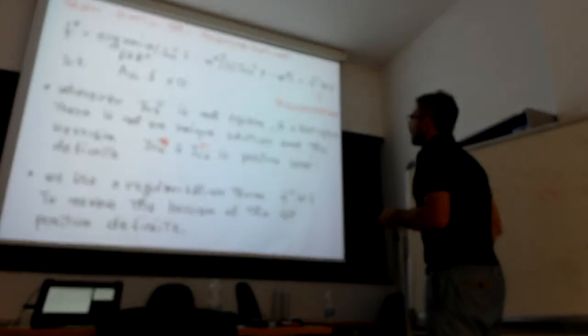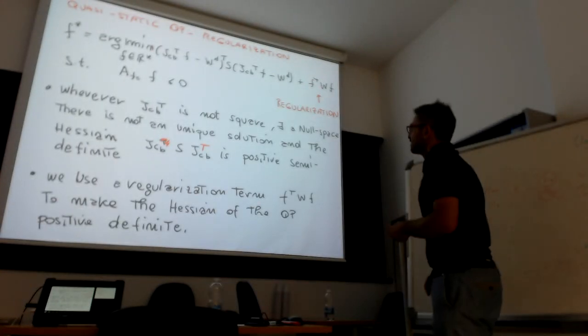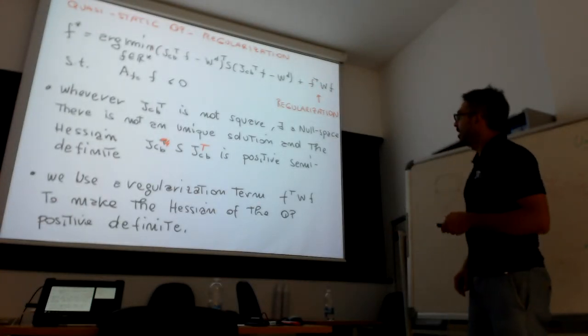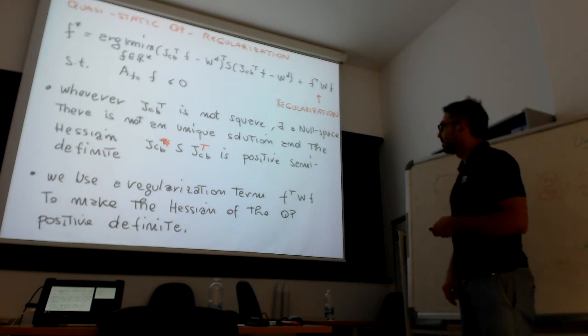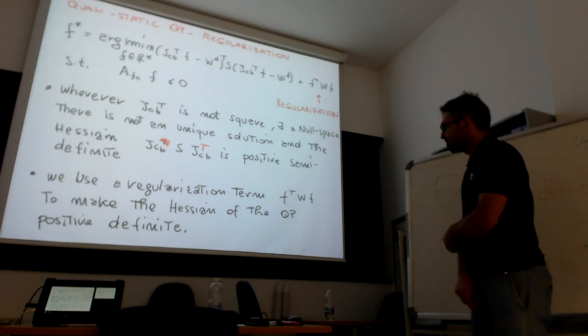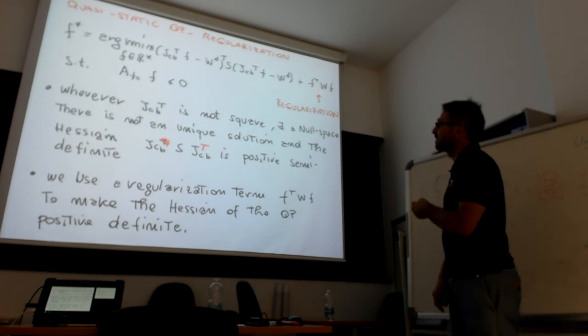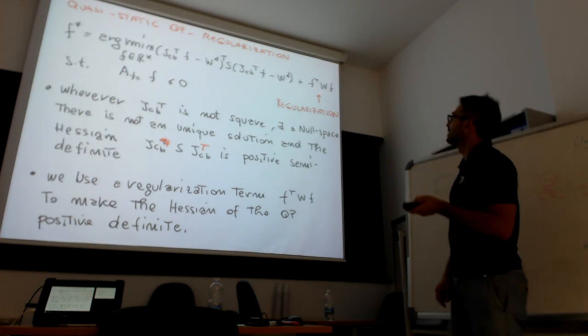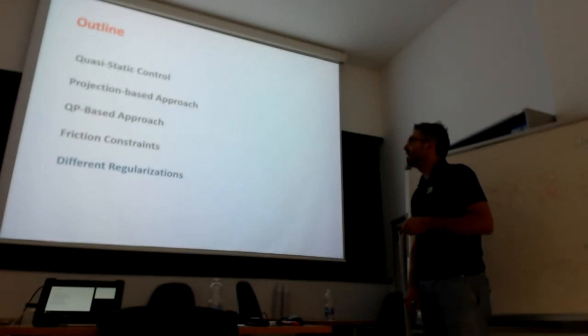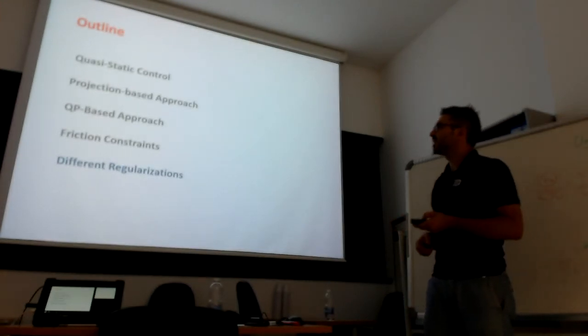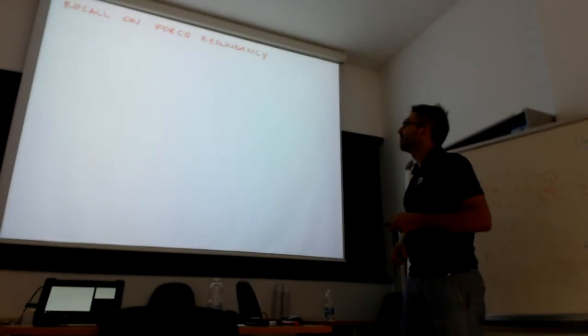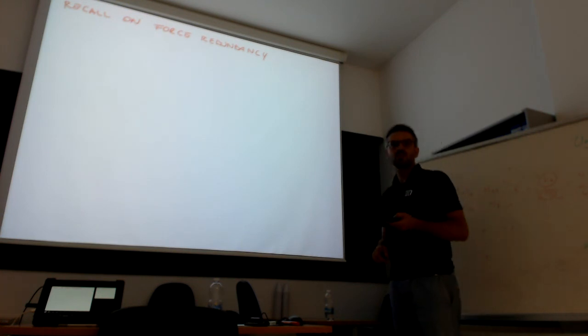So you add this term to regularize, and you get a unique solution. And in that case, the action becomes positive definite, because you have a diagonal matrix that you can set, I don't know, as an identity, for example. And according to how we shape this diagonal matrix, W, we can have different solutions.